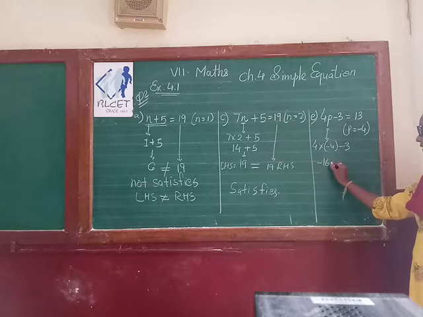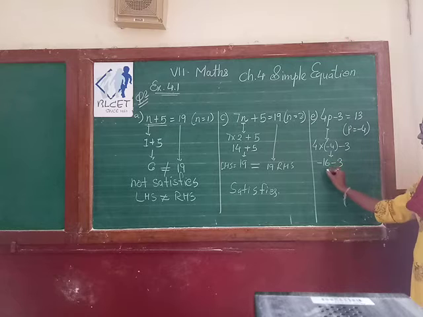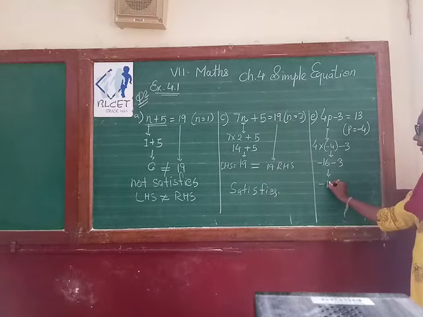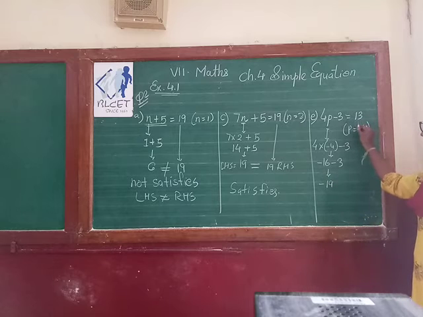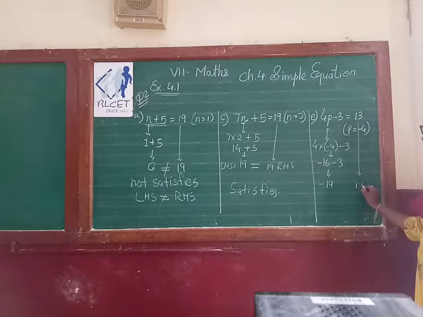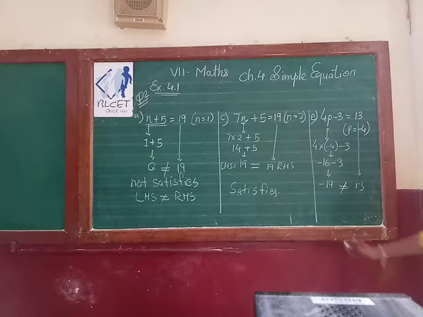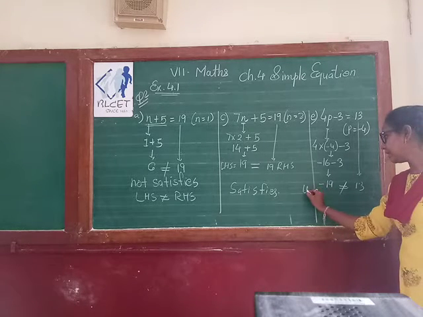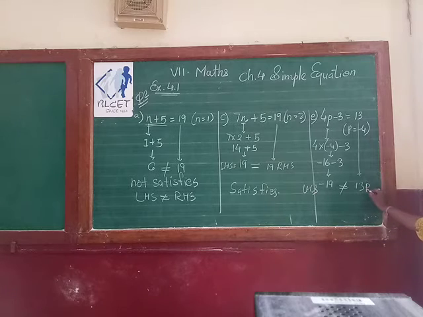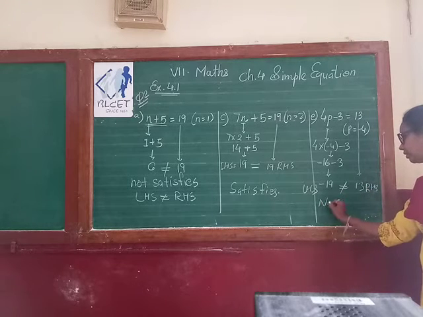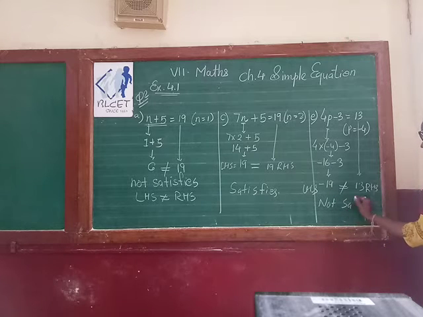So minus 16 minus 3. What is the answer? This is minus 19. And here what do you have? 30, which is not equal. So minus 19 is not equal to 30. This is your LHS, this is your RHS. Both are not equal. So we can say the equation is not satisfied.